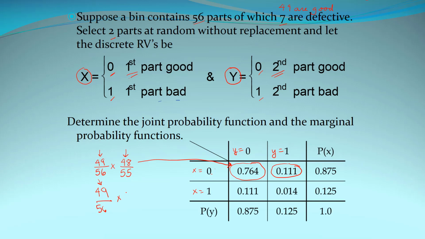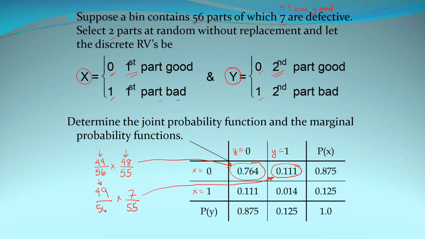Instead, we only have 55 parts left. And how many are bad? 7. So if we take 49 over 56 times 7 over 55, that will give us this number right here.